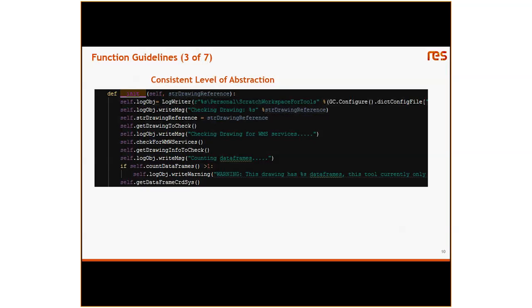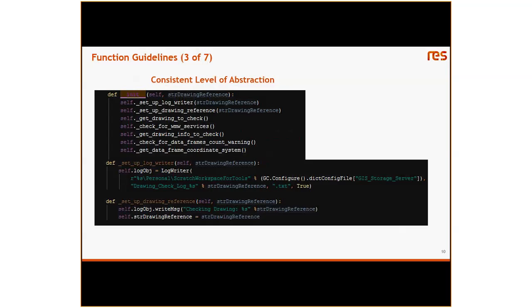How do we make this get a more consistent level of abstraction in this function? Well, again, it's to do with refactoring. So we can do a first pass through the refactoring, and we've moved the creation of the member variable, the log obj, down into a separate setup log writer function.